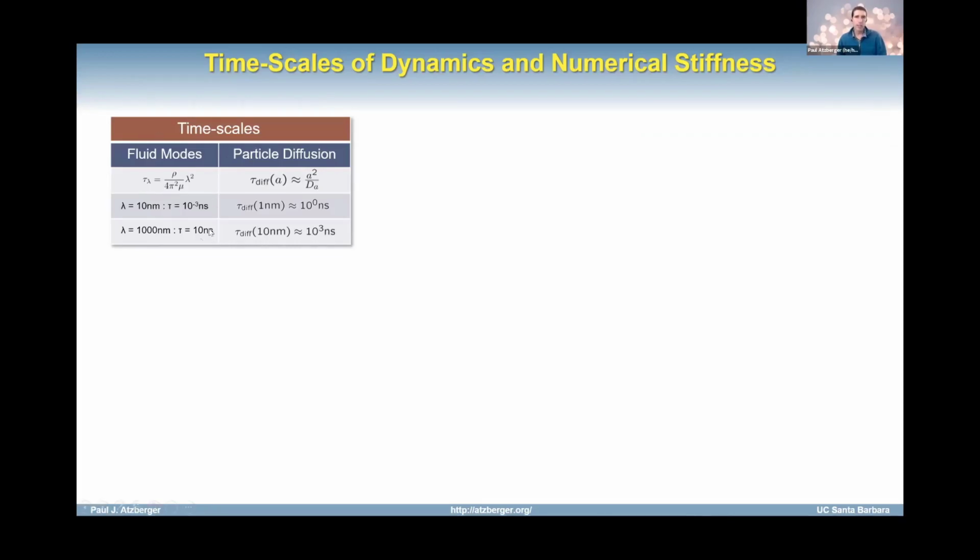What you'll find is that if I look at the different wavelengths of the Fourier modes of the fluid, on the scale of about 10 nanometers, so that's getting down to the length scales of small particles, you could think about them as polymers and so on, the time scale for the fluid to relax in that parameter regime is on the order of 10 to the negative 3 nanoseconds. So that's pretty rapid relaxation dynamics.